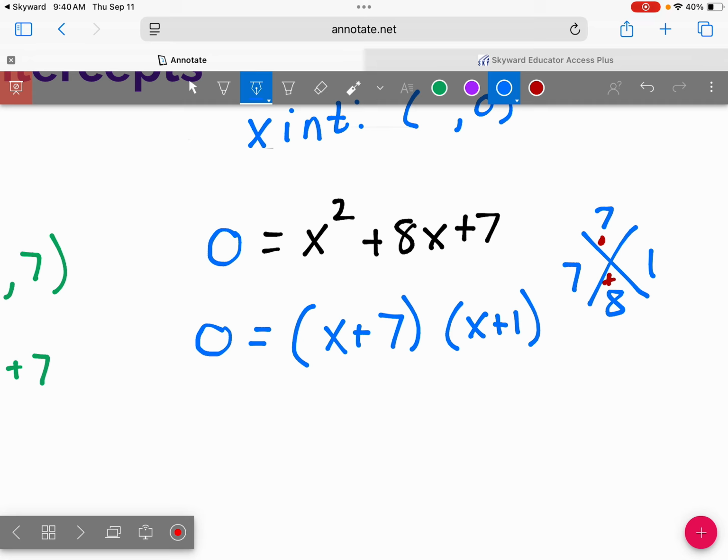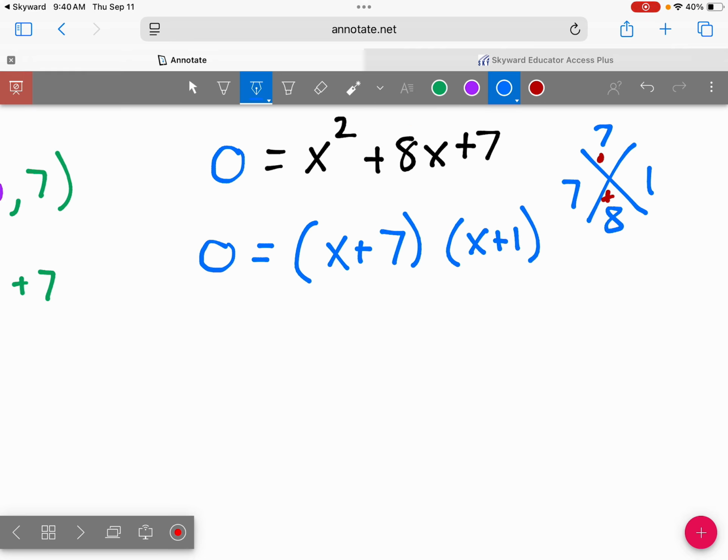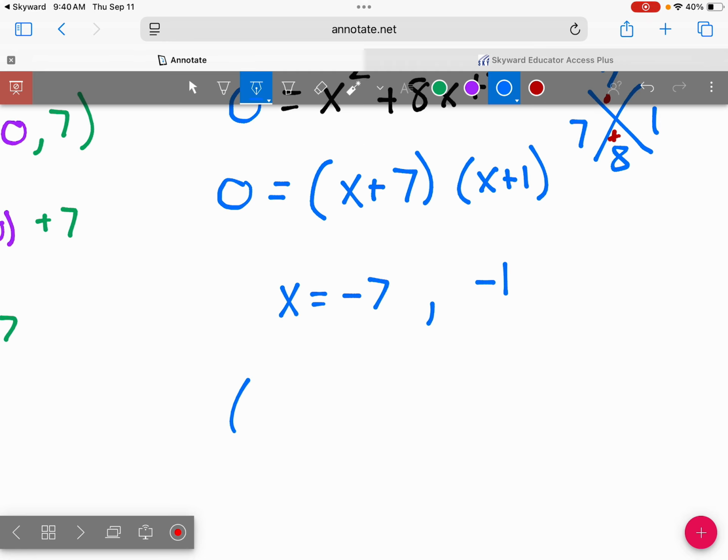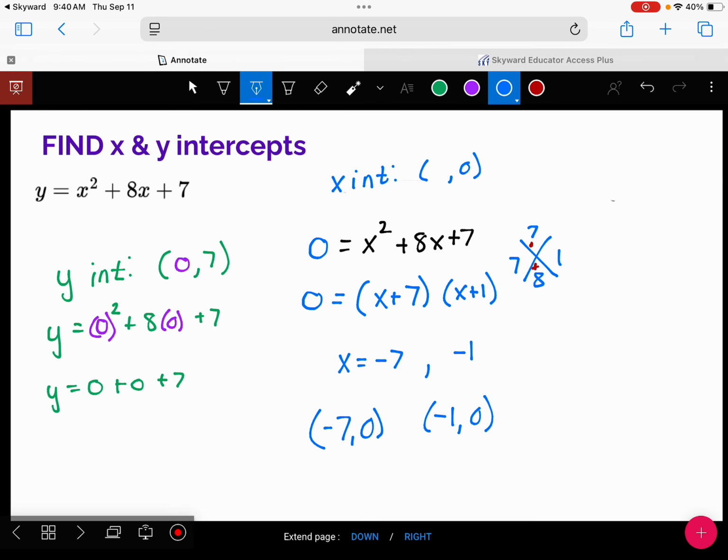If we have an a value, you've got to factor it properly. So what are our x-intercepts here? -7 and -1. As intercepts, we write them as (-7, 0) and (-1, 0).